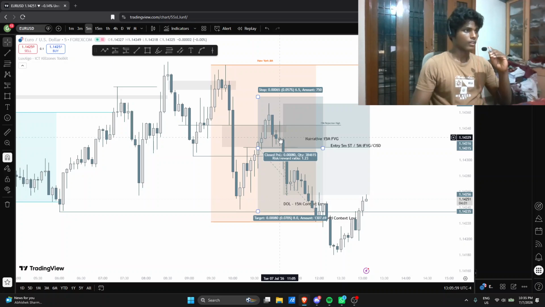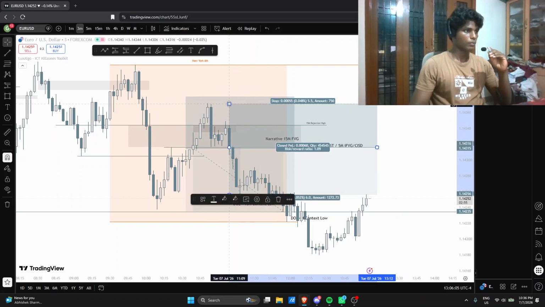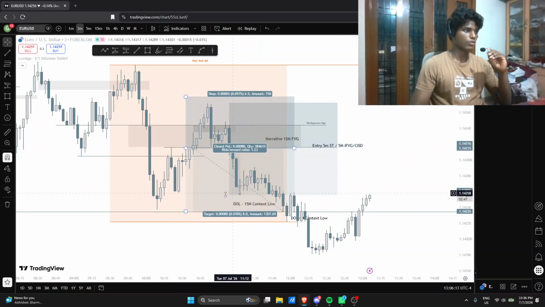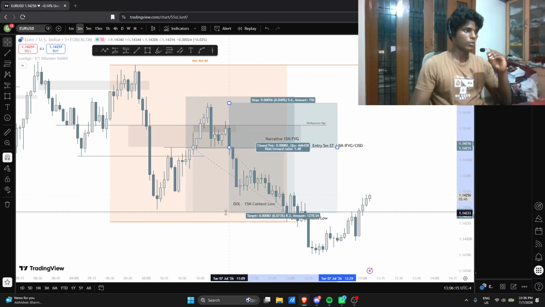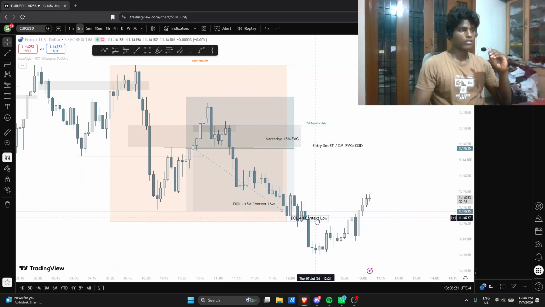We could have entered right here also, or else you could have waited for this close below. The entry at this point was with the SL above these highs, which is protected because this is like a rejection high, and targeting 1 to 1 would be inside the context. We could even target 1 to 5. Then price slowly delivered into this for our context low.